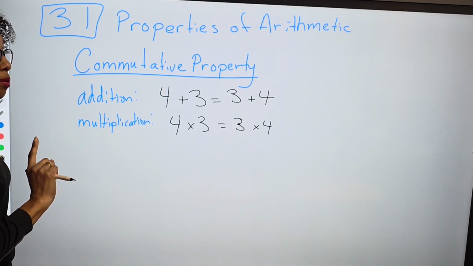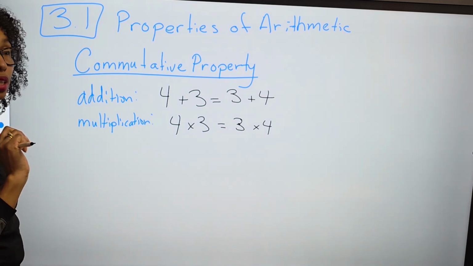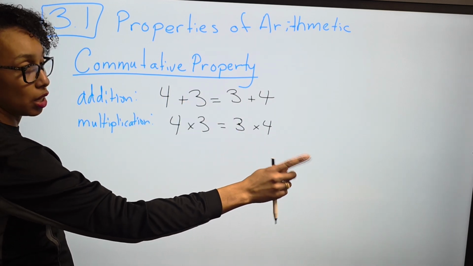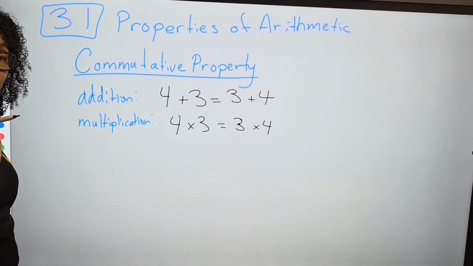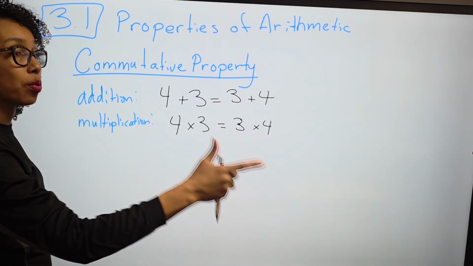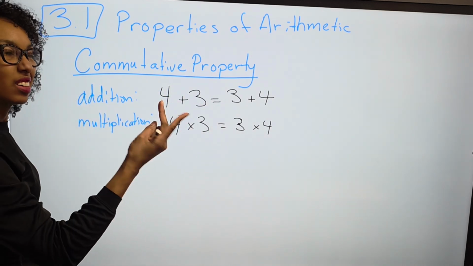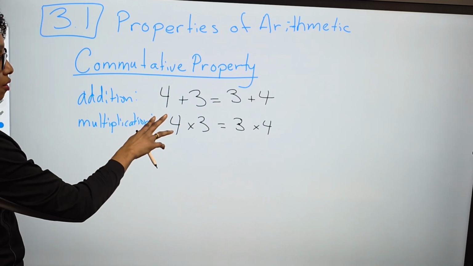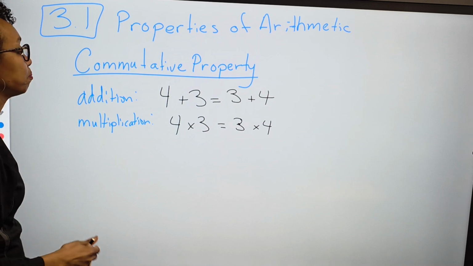And so I think about the commute to work is the same distance when you leave your house to go to work as when you leave work and come back home, okay? It's the same distance going as it is coming back. That commutative property, that kind of back and forth, in my mind helps me keep in mind that it's a reverse order of the values, but the same amount, okay?